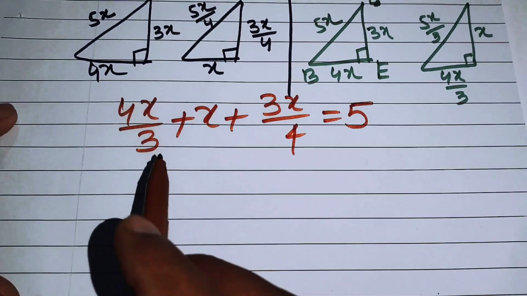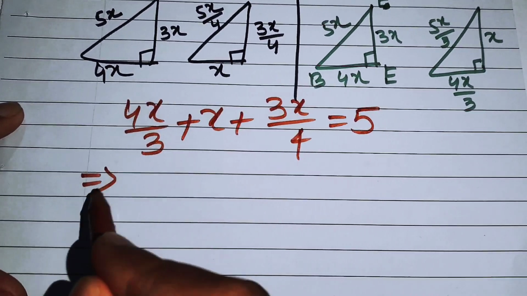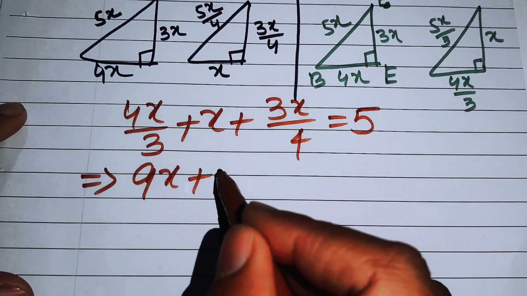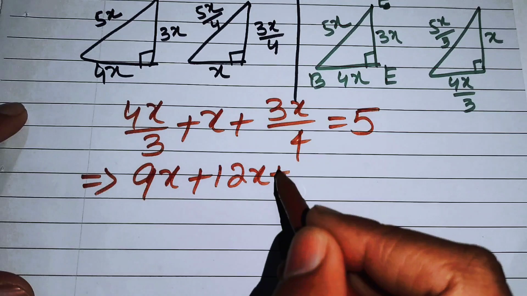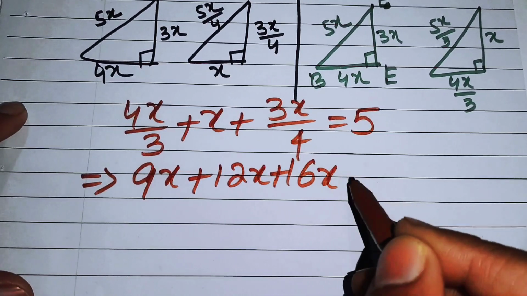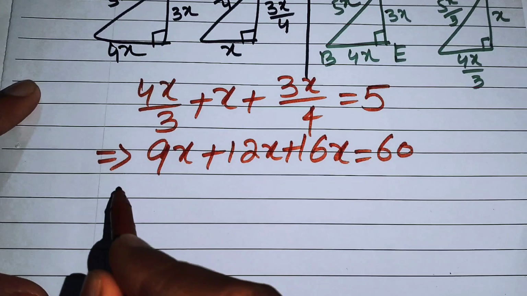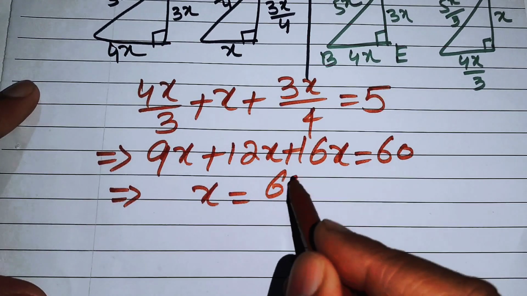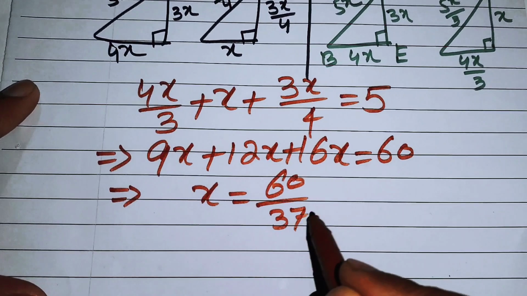So now we multiply both sides by 12, and you get here 9x plus 12x plus 16x equals 60, and after simplification you get the value of x equals 60 over 37.